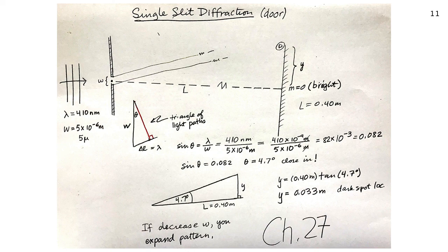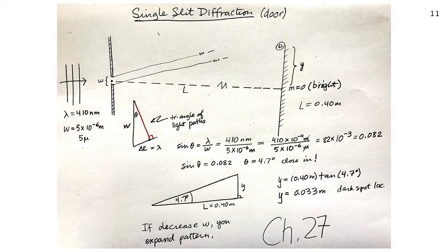This was my triangle in the lab, so this is my lab triangle. This is L, this is Y, and this is 4.7 degrees down here. And this is 0.40 meters here.